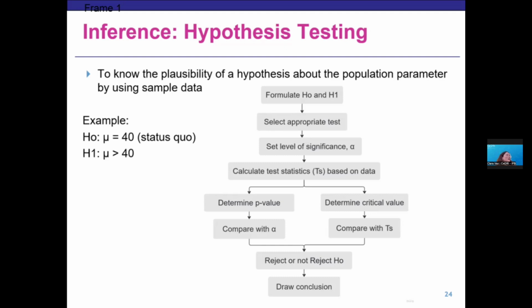So 40 is the status quo. Basically, the hypothesis testing method defines hypotheses: in the null hypothesis, the status quo of the knowledge in terms of the parameter, and in the alternative hypothesis, the opposite of what is written in the null hypothesis. The result of the hypothesis testing is to reject or not reject the null hypothesis.